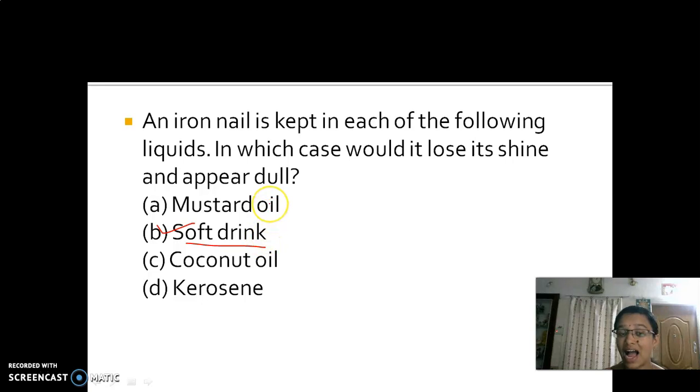Because the iron nail does not react with mustard oil, coconut oil and kerosene. But the soft drink has an acid. So this nail reacts with the acid in the soft drink, and it loses its shiny appearance and looks dull.